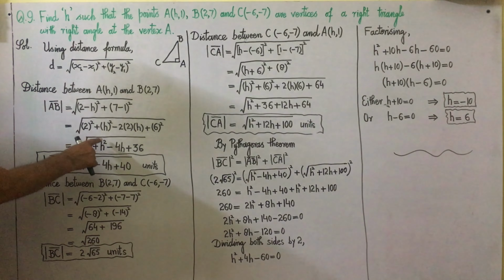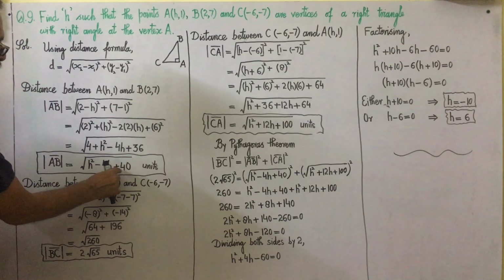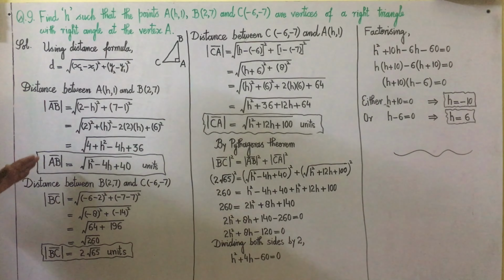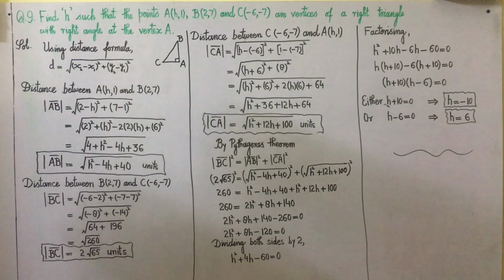Adding like terms, h square minus 4h plus 4 plus 36 is plus 40, under the square root. So AB is equal to this much units.